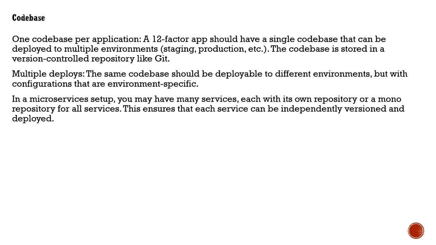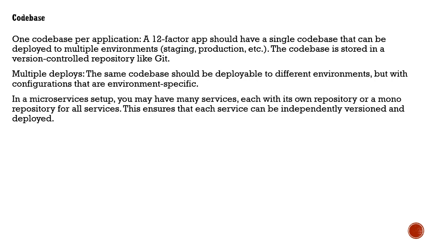The code base should be stored in a version control repository. You can choose any of them, but one of them is Git. So that's the key aspect of it.